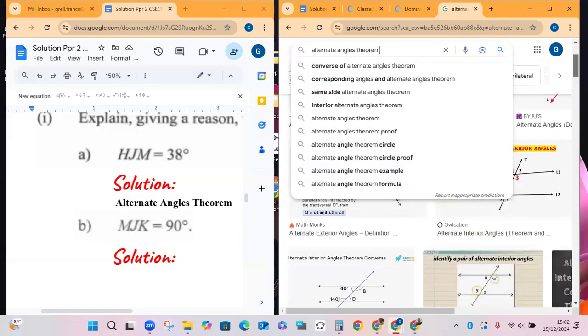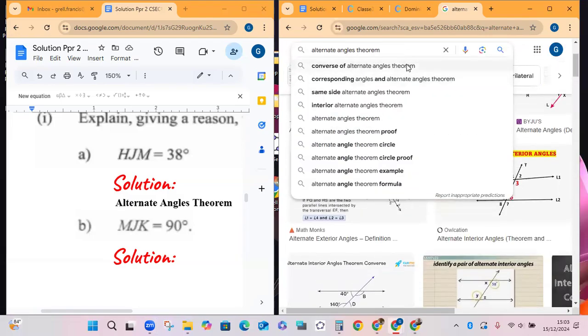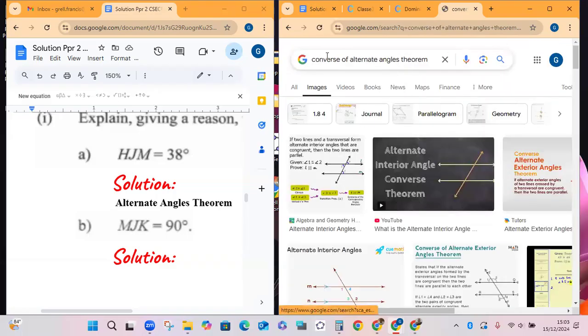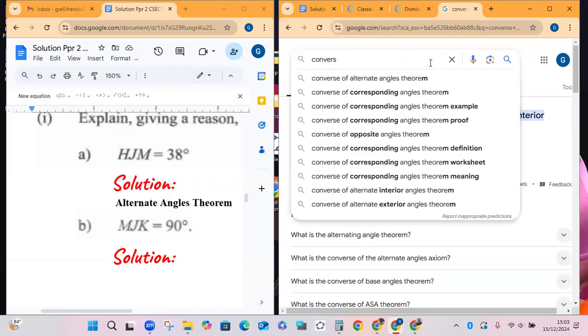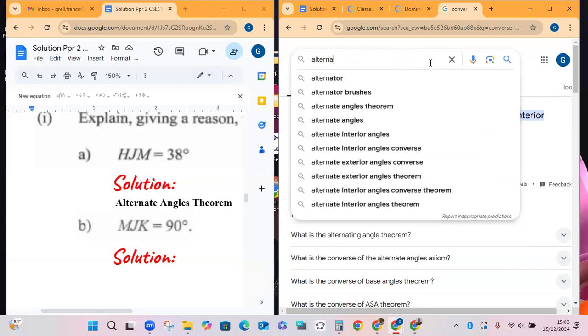So I will add to that. If two lines are cut by a transversal so that the alternate interior angles are congruent, then the lines are parallel.